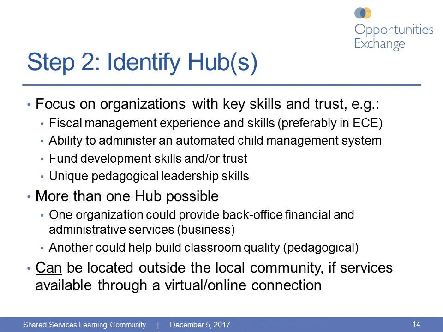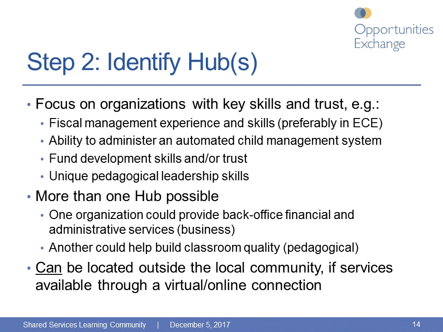The next step is to identify one or more hubs. And what we encourage folks to do is to focus on organizations that have the key skills and trust that's necessary.